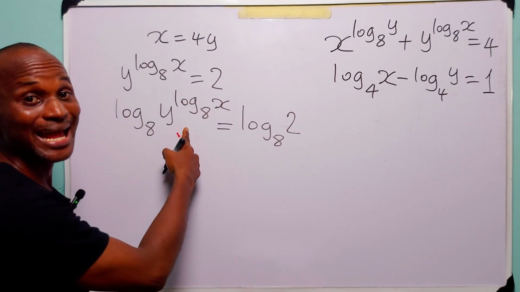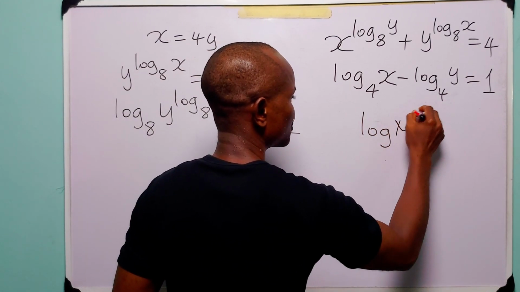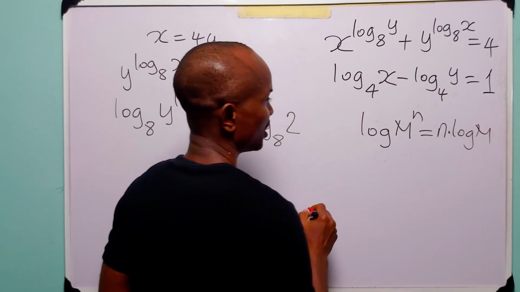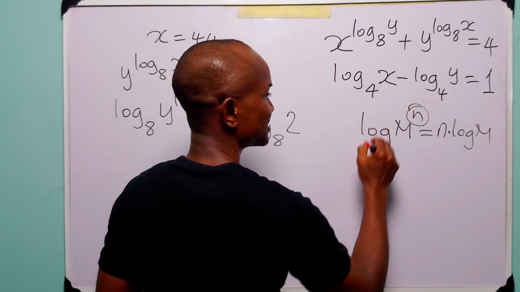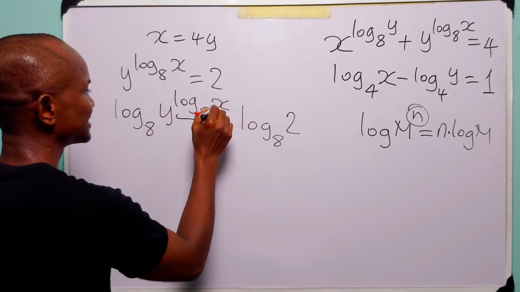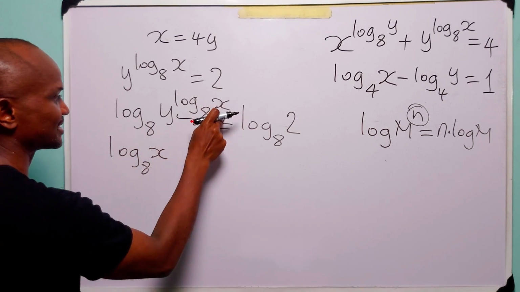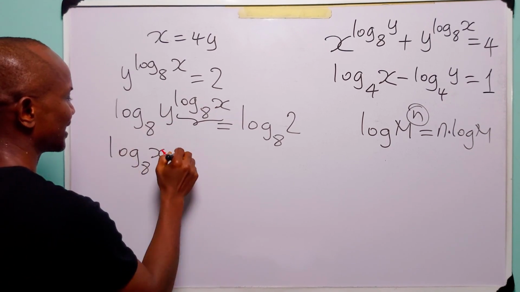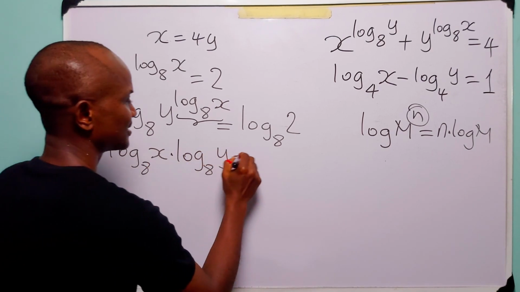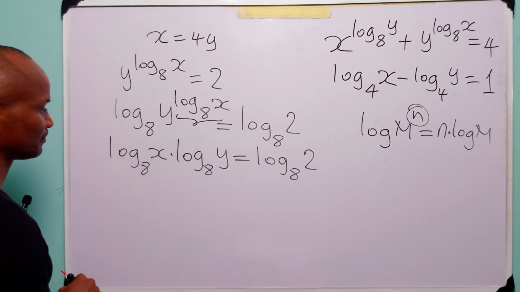Now here we are going to apply the power law. That is the law that says that when we have log m to the power n, this is equal to n multiplied by log m. So simply put, we can bring down this power to become a multiplier. So we have log to base 8 of x, that is this power, multiplied by log to base 8 of y, and this is equal to log to base 8 of 2.